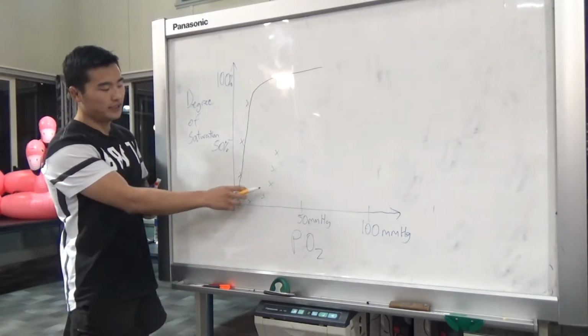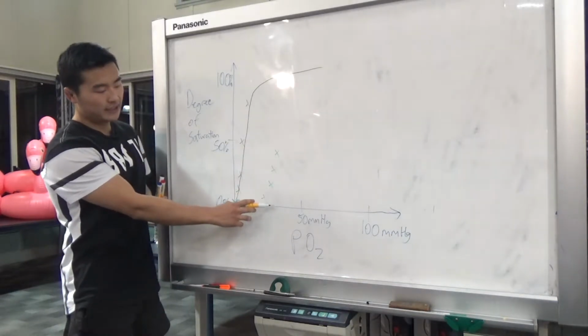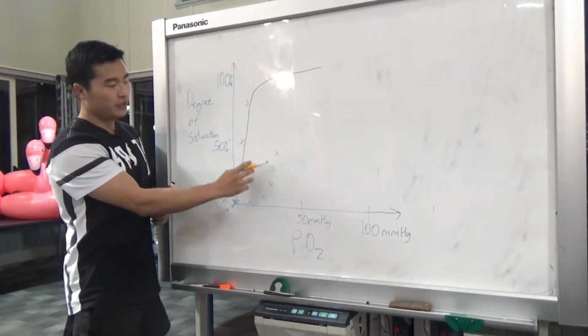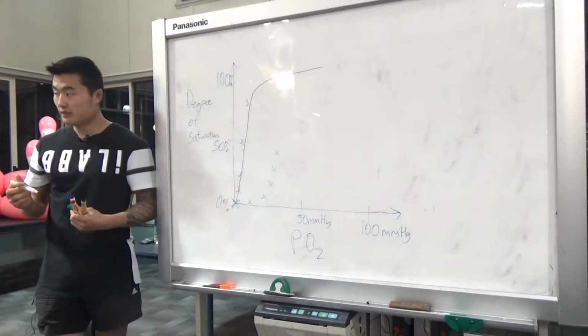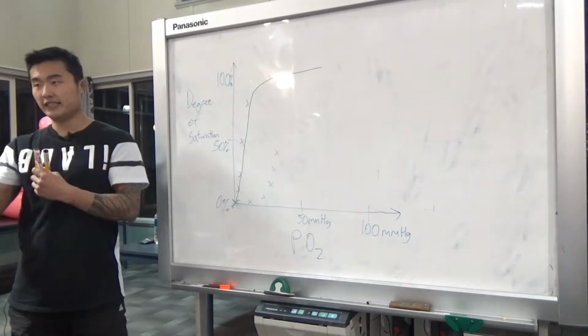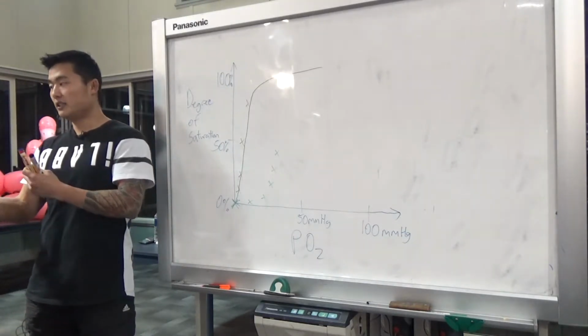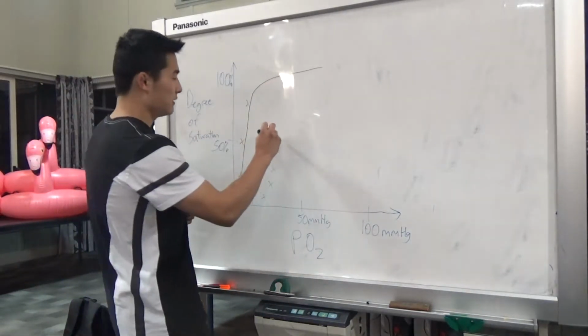So from this point, for every little increase in the partial pressure of oxygen, you get a big increase in the saturation of hemoglobin, okay? And then once the second oxygen binds, it makes it even easier for the third oxygen to bind, and then that makes it easier for the fourth oxygen to bind, okay?